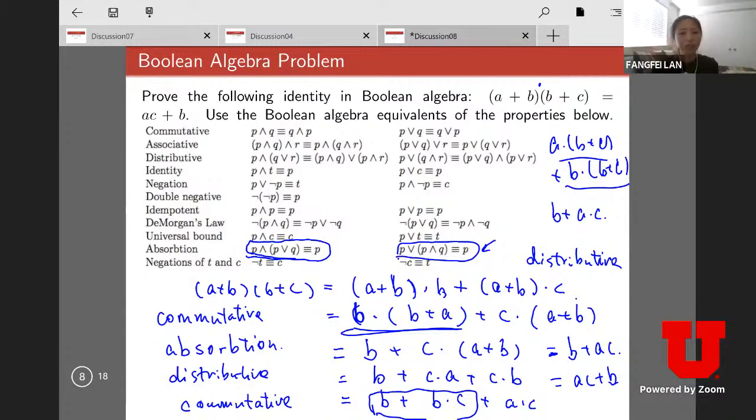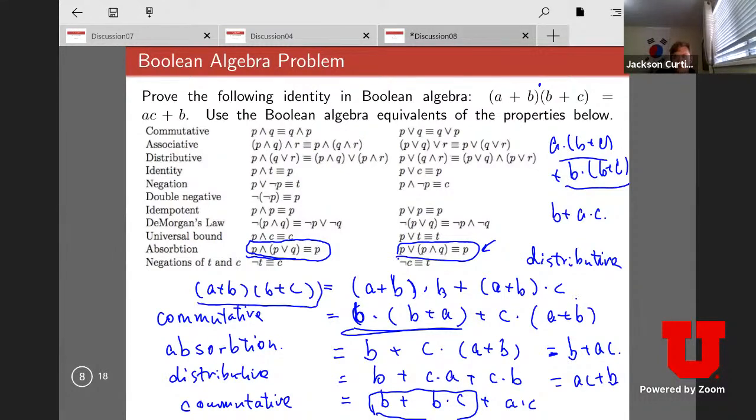So it's the first step. You have (A plus B) times (B plus C), and if you go backwards from the distributive, that's the expanded form to a simpler form.